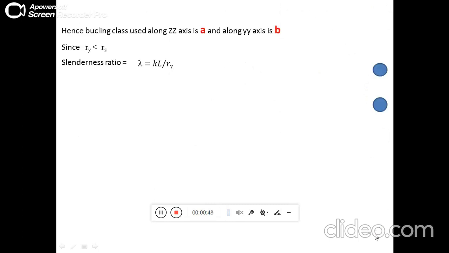So when we substitute the value of K 0.65 and length of the member as 3.5 meters, that is 3500 mm, divided by the minimum radius of gyration Ry 51.6, the answer we get is 44.09.